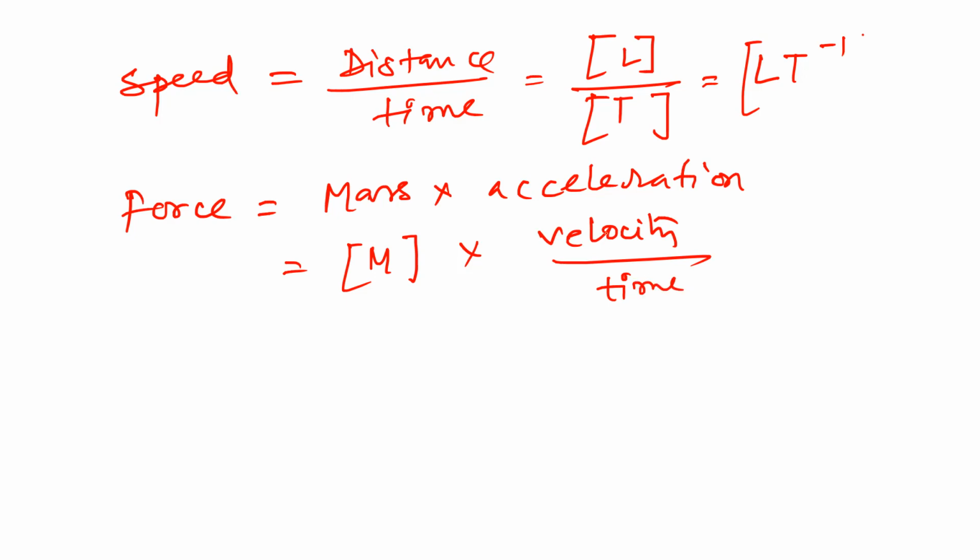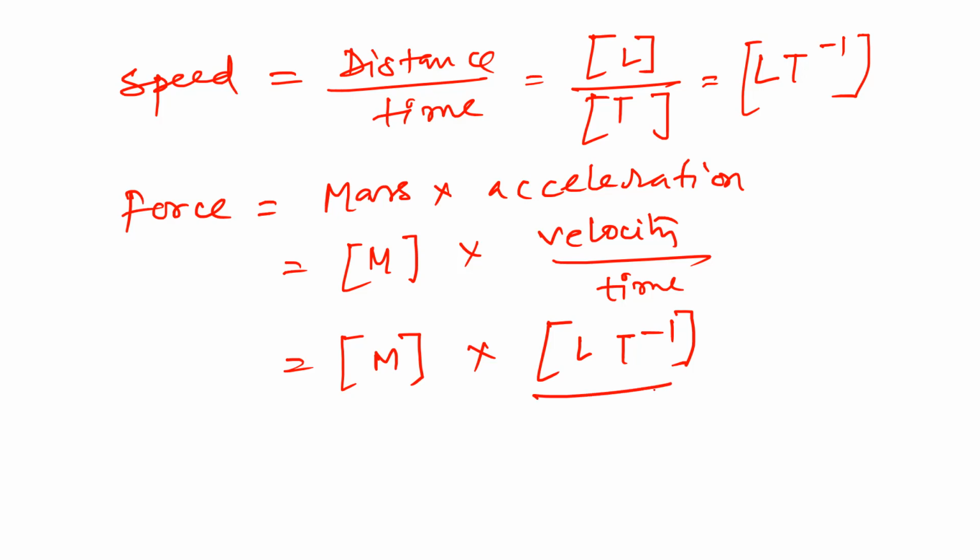In this case, I'm writing it simply as velocity because I need the dimensional formula of that. The velocity has a dimensional formula like the speed. Speed is expressed as LT to the power of minus 1, so velocity has the same dimensional formula. Now the time has the dimension of T.